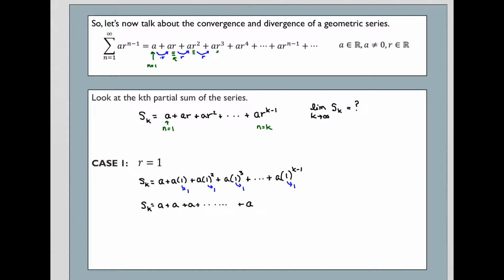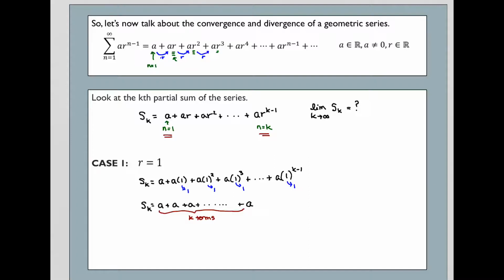Now, how many a's are there? Well, let's go back up. It's not too hard to decipher. We go from n being 1 to n being k. So that means I have a total of k a's right here. There are k terms here. And so if I have k a's all added up, what does that give me?